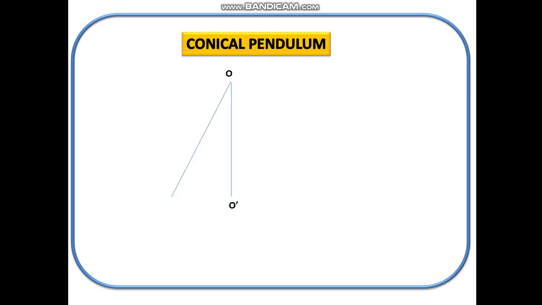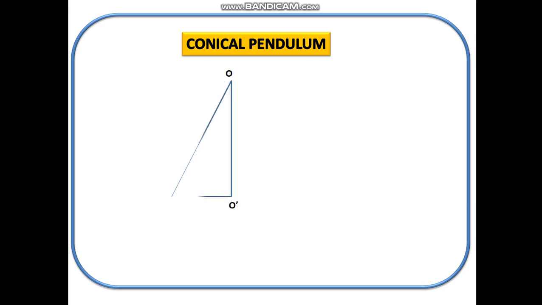Now, let us take the conical pendulum. If you throw a stone, it is a projectile. If you tie the stone to a string and rotate it, it gives you a circular motion. But the same stone, if you hang it and then revolve it or rotate it, you get a conical pendulum like this.